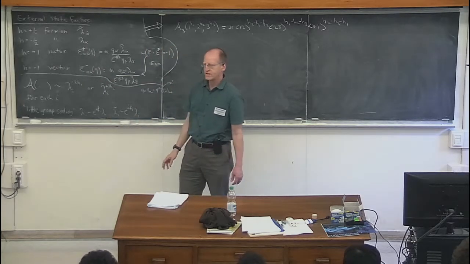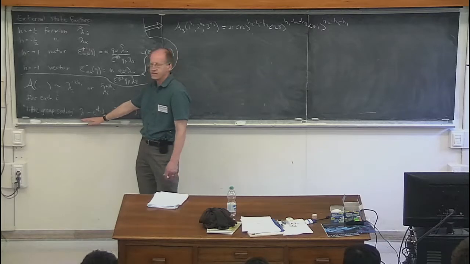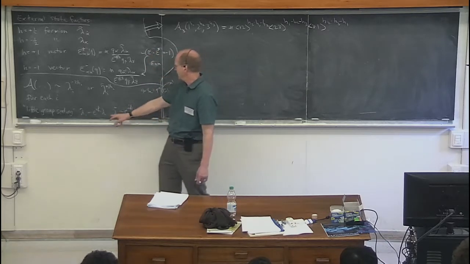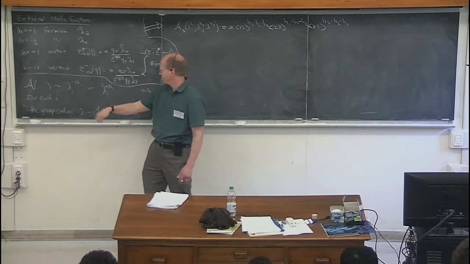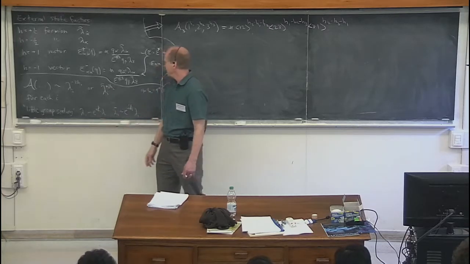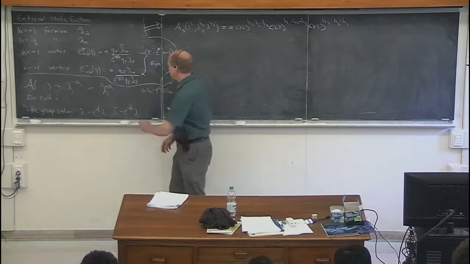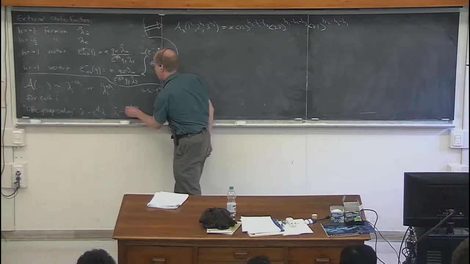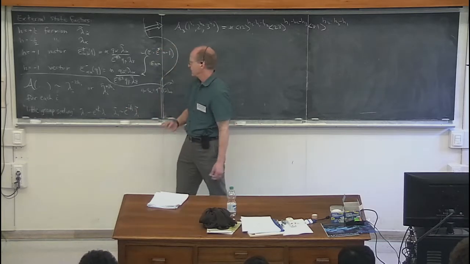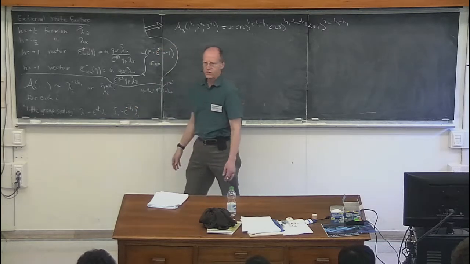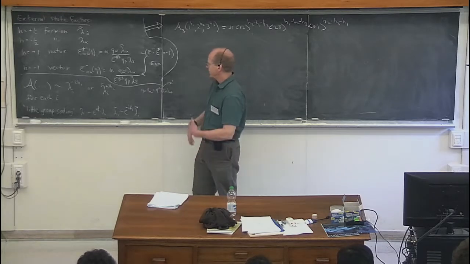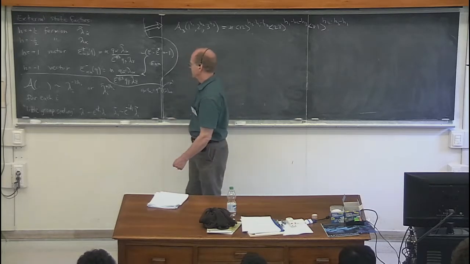So if you imagine a transformation where you scale the lambdas in one way, like the ith lambda multiplied by e to the i phi i, and then the lambda tilde the opposite way, e to the minus i phi i, you can ask, how does the amplitude transform under that transformation? And it has to pick up a certain phase.